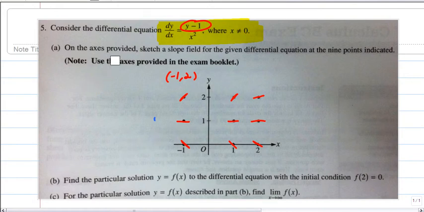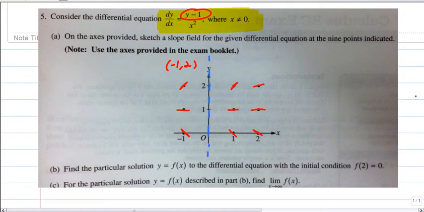As I look at this slope field, x can't be 0, so you certainly have some sort of discontinuity in your graph, a vertical asymptote or something. I like to look at these and try to get an idea of what the graph looks like just from the differential equation.